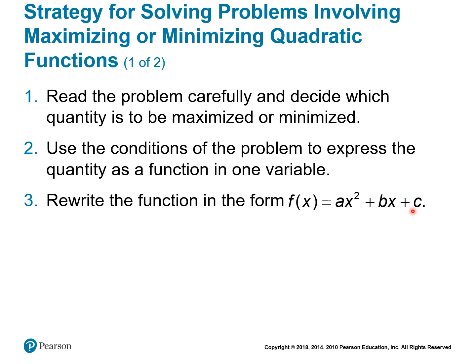Although they say rewrite the function in this form, you can still use the vertex form, that is a times x minus h whole squared plus k form, to answer questions on minimizing and maximizing quadratic functions. We'll go through that, but let's go on to the next slide, which talks about an example.